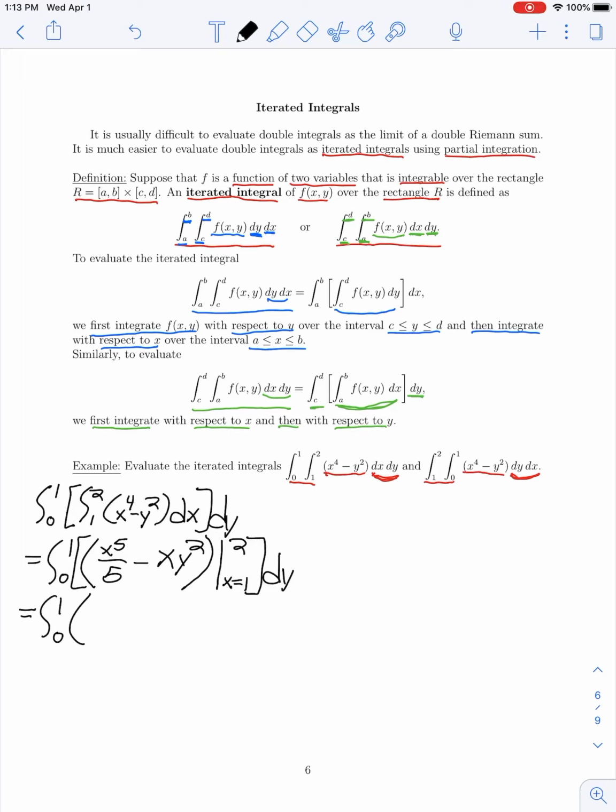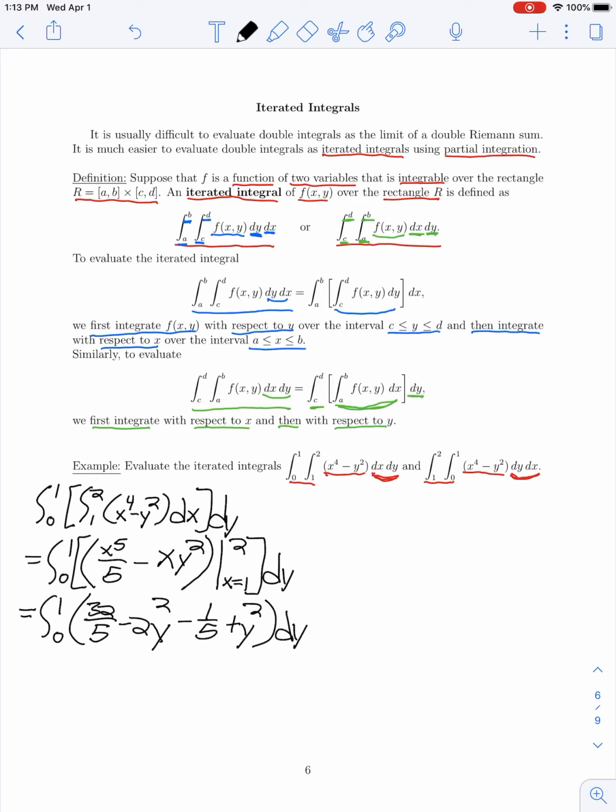So let's see what we get by evaluating our antiderivative at the endpoints, x equals 1 and x equals 2. So here, if we substitute 2 into our antiderivative for x, we have 32 over 5 minus 2y squared.